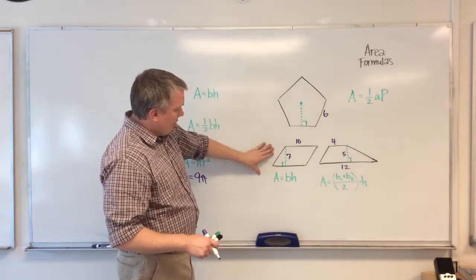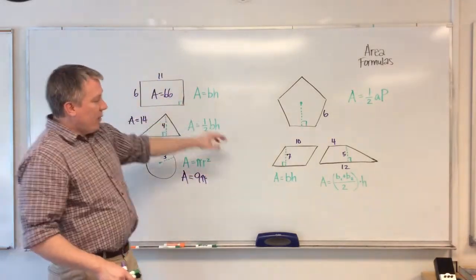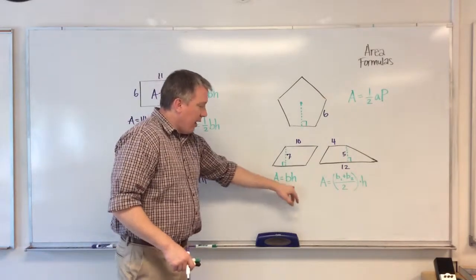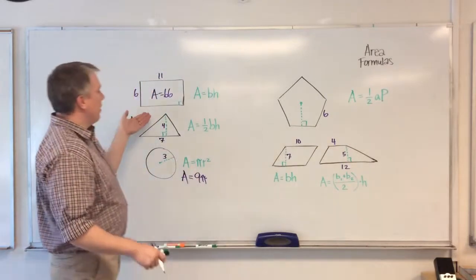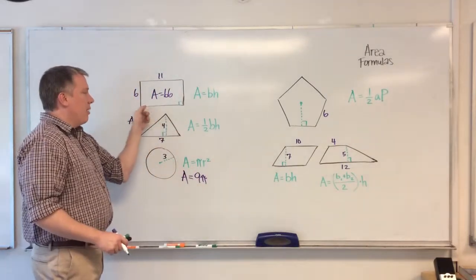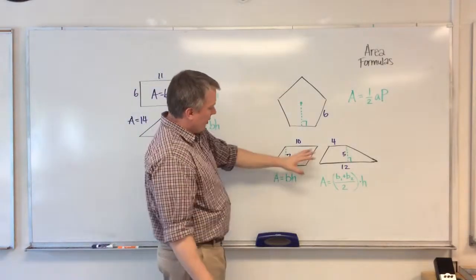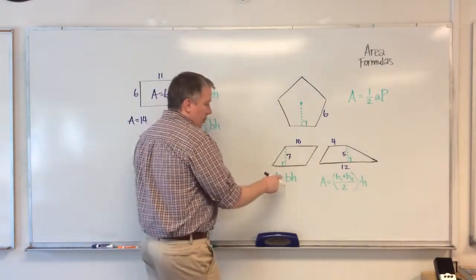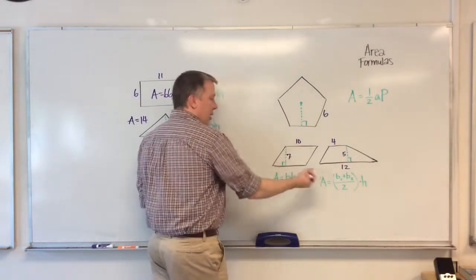Here's a parallelogram. You'll notice the formula is exactly the same as a rectangle. But again, when we measure the height, it's always perpendicular to the base. So in a rectangle's case, that's easy because the 2 legs are already perpendicular. In a parallelogram where it's not perpendicular, I'm going to have to measure the height that is perpendicular to the side that I do know the length of.